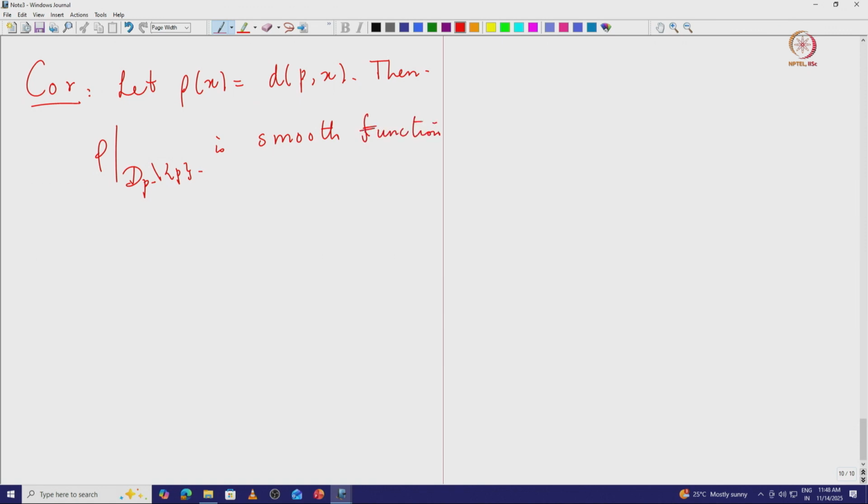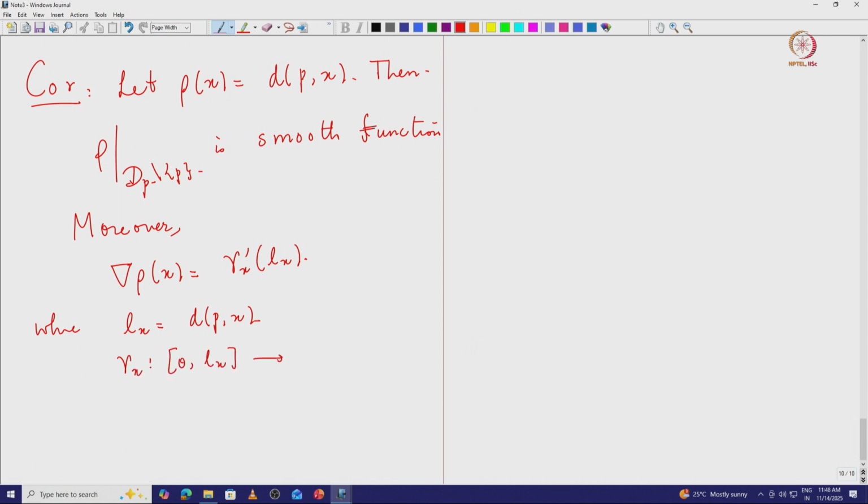So the distance function is smooth, and moreover the gradient of rho is simply given by this unique unit speed minimal geodesic connecting P to x, the derivative at L_x. Okay, so how do you prove this?